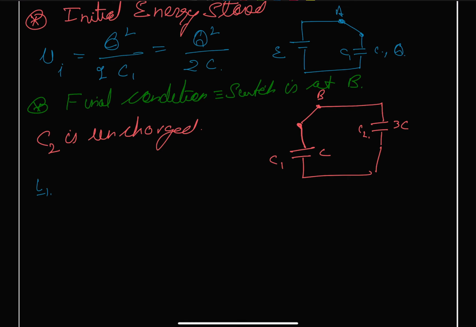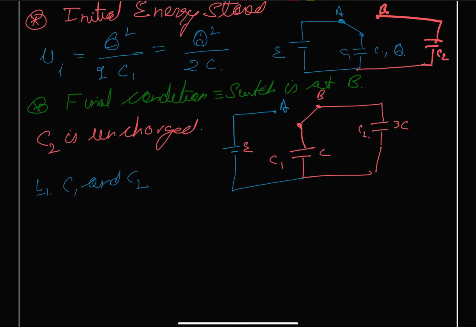Let me complete the circuit: this is our A, and this is our EMF E. Here also, this is our C2 and this is position B. So C1 and C2 are in parallel.